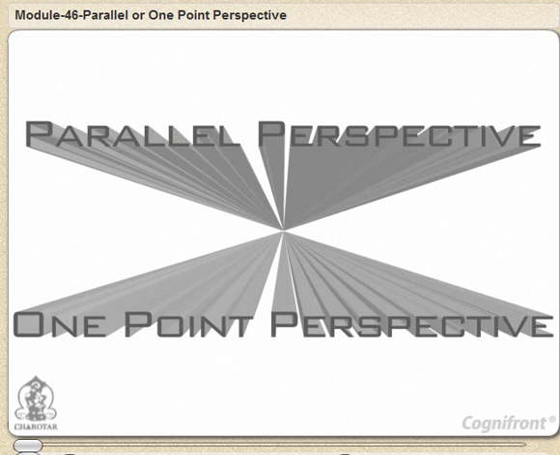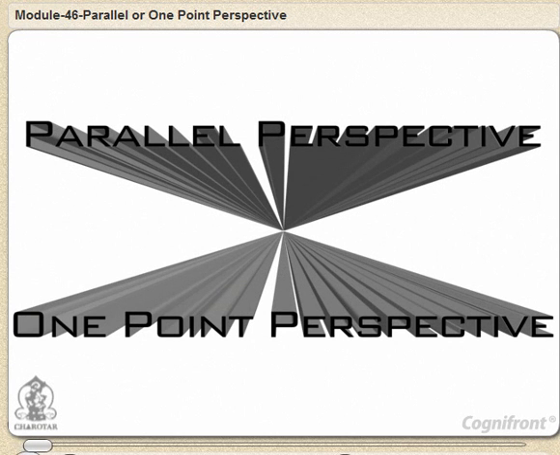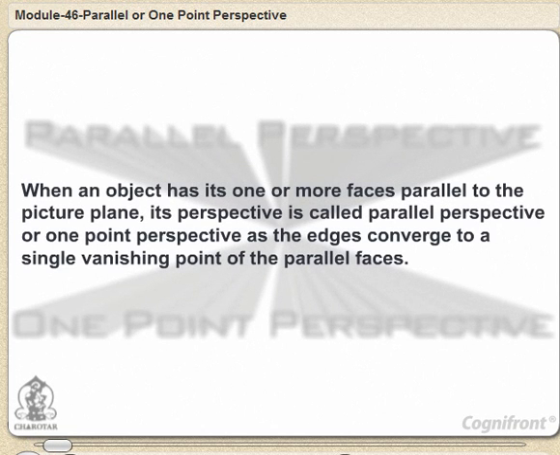Parallel perspective or one-point perspective. When an object has its one or more faces parallel to the picture plane, its perspective is called a parallel perspective and also called one-point perspective, as the edges converge to a single vanishing point of the parallel faces.